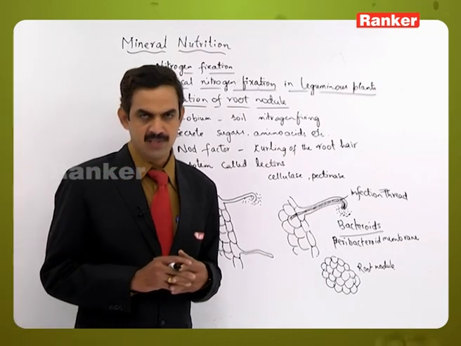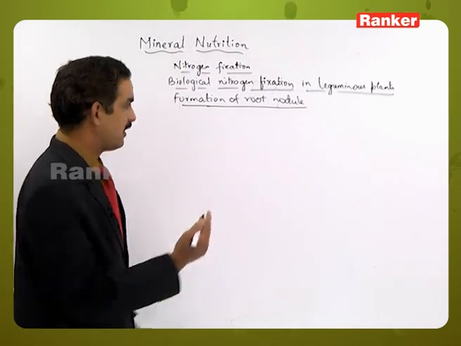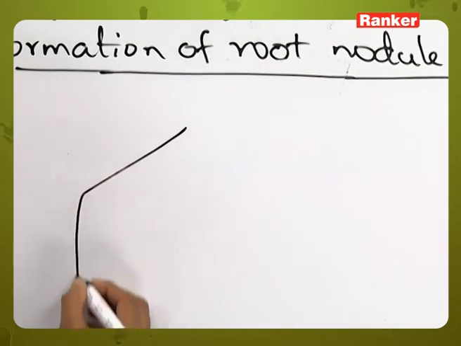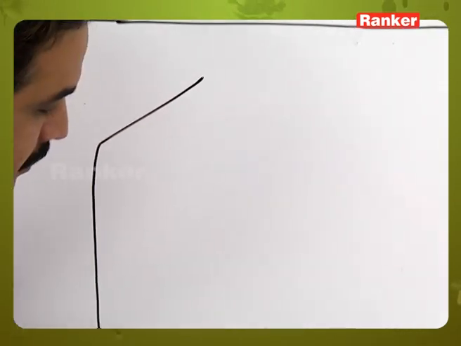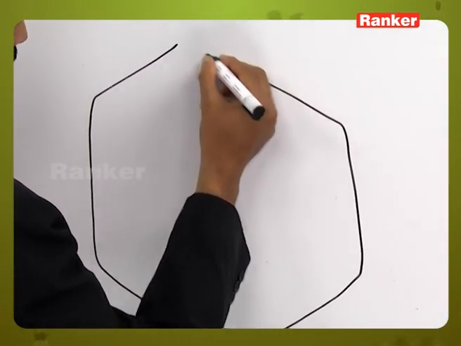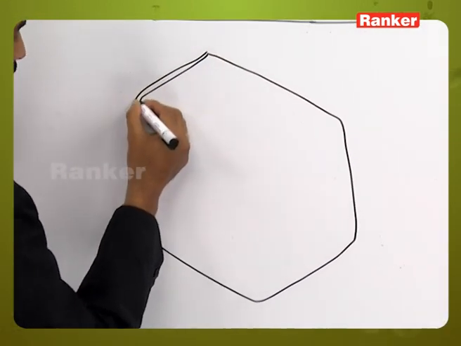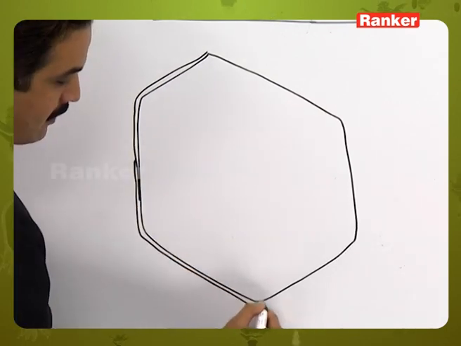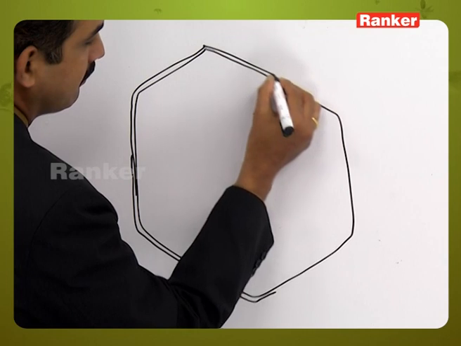So that is the way the vascular supply is established between the root nodule and the root of the legume plants. The internal structure of the nodule contains a membranous structure, this is a peribacteroid membrane.